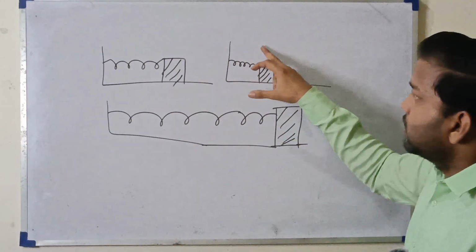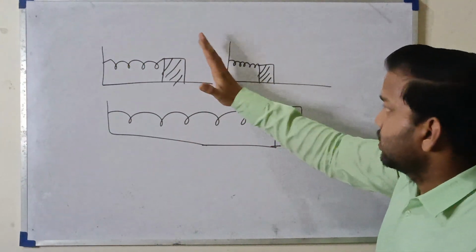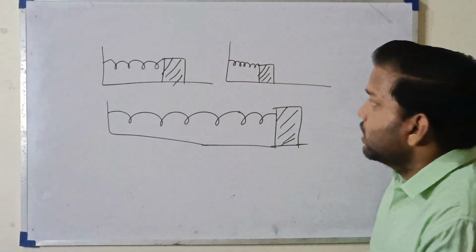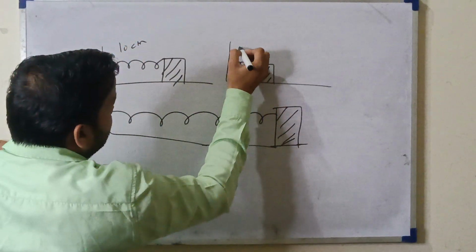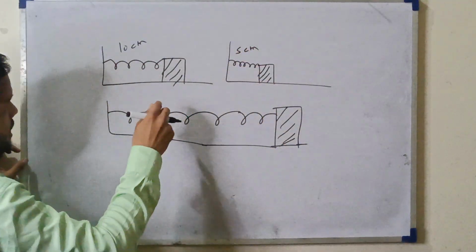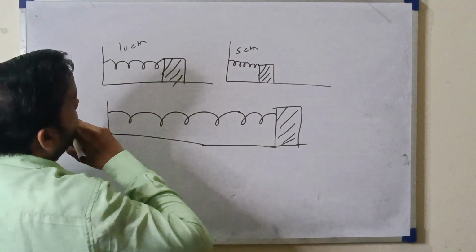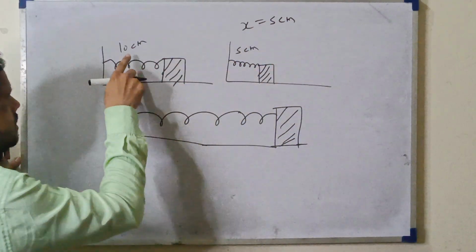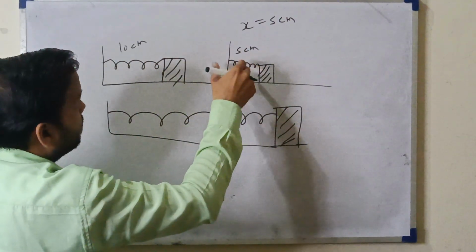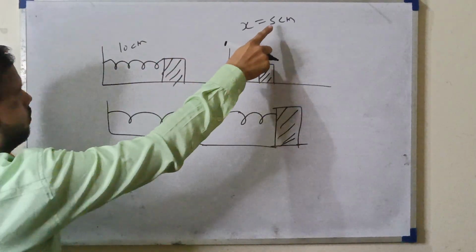In the first case you pushed or compressed the spring. The length of this was 10 cm. Its length is now 5 cm. The displacement of this spring is 5 centimeter. Value was 10, now the value is 5, difference is 5 cm.